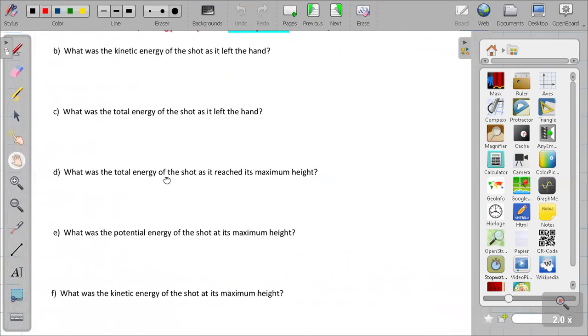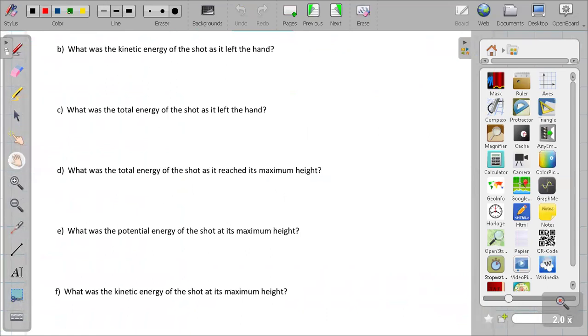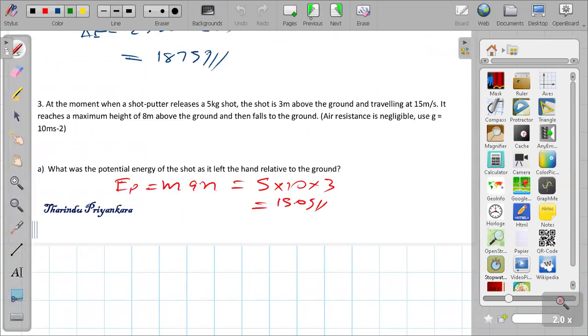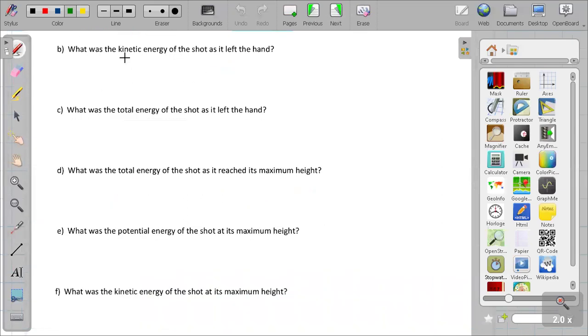The next part: what is the kinetic energy of the shot when released from the hand, at 15 m/s?